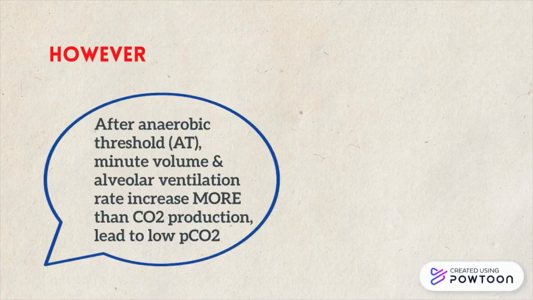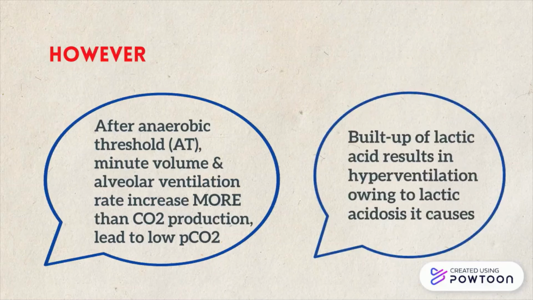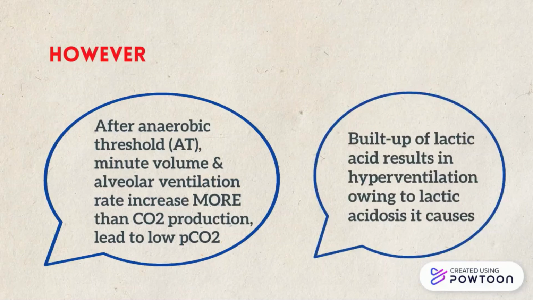However, after the anaerobic threshold, the minute volume and alveolar ventilation rate increase more than the carbon dioxide production, leading to a low partial pressure of carbon dioxide. Additionally, the buildup of lactic acid results in hyperventilation owing to the lactic acidosis it causes.